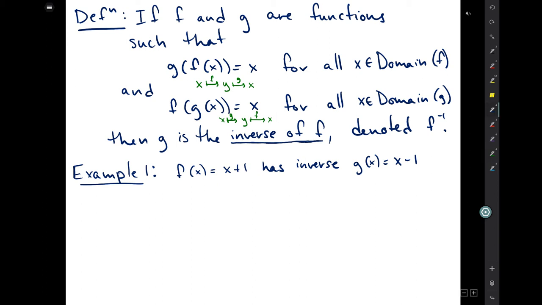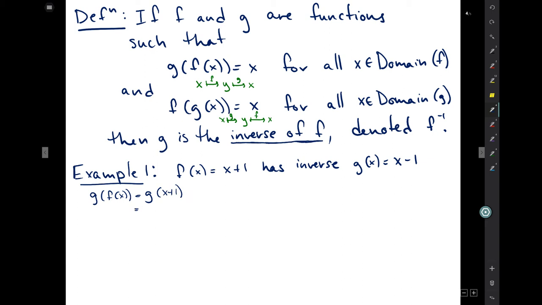I computed algebraically that f of x equals x plus 1 has inverse g of x equals x minus 1. And now I'm going to show that this funky calculation that I did, swapping the variables and solving, is actually correct. So if I take g and stick in f, this is going to be g of x plus 1.